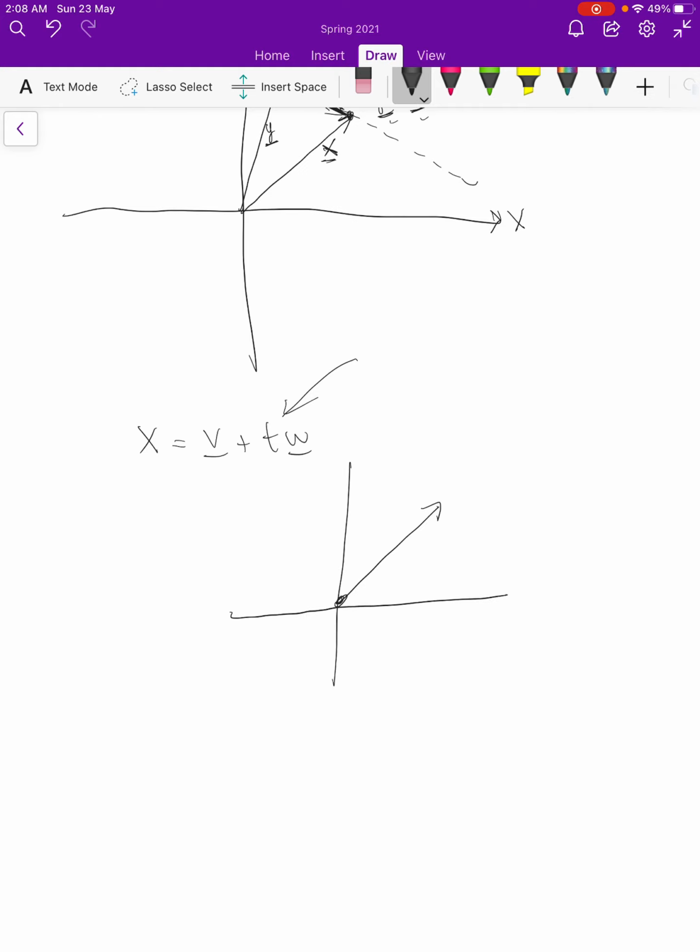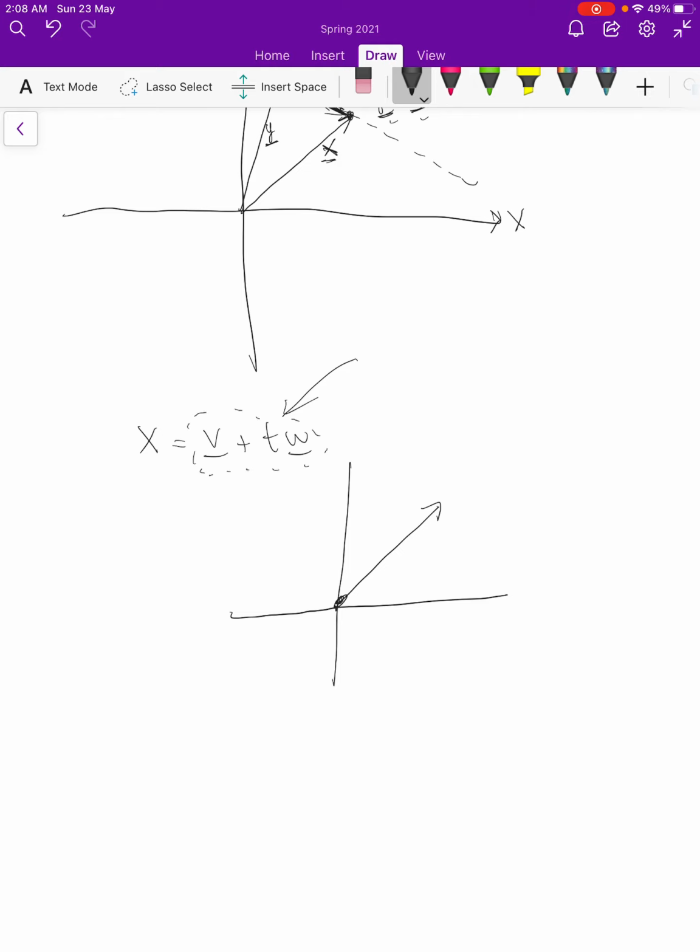Since we're working with vectors that start at the origin, all our vectors are starting at the origin. The only way for a vector not to start at the origin is if it's being transformed in some way.